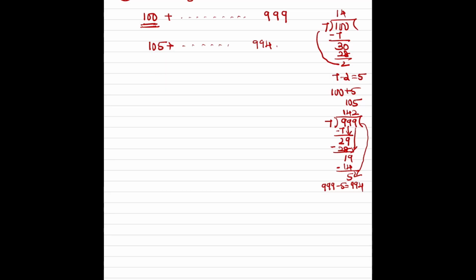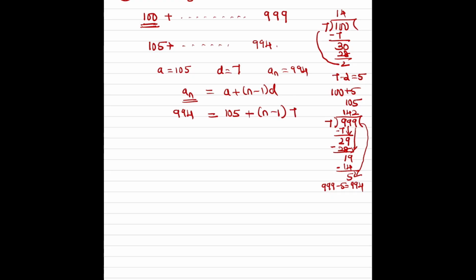So what is the A value? 105. What is the difference? 7. What is the last? We know all this, and the An value is 994. So what is the general formula? An equals A plus N minus 1 into D. An value they already gave: 994 equals 105 plus N minus 1, because we don't know the N value, into 7.